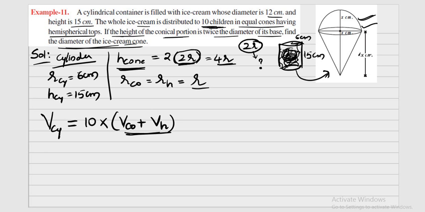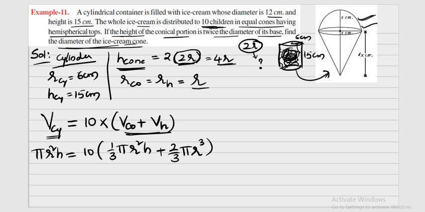Since it is a combination of solids, we can take directly the volumes of those things. Now volume of cylinder, what is it? Pi r square h is equal to 10 times volume of cone, which is 1/3 pi r square h, plus volume of hemisphere, which is 2/3 pi r cube.